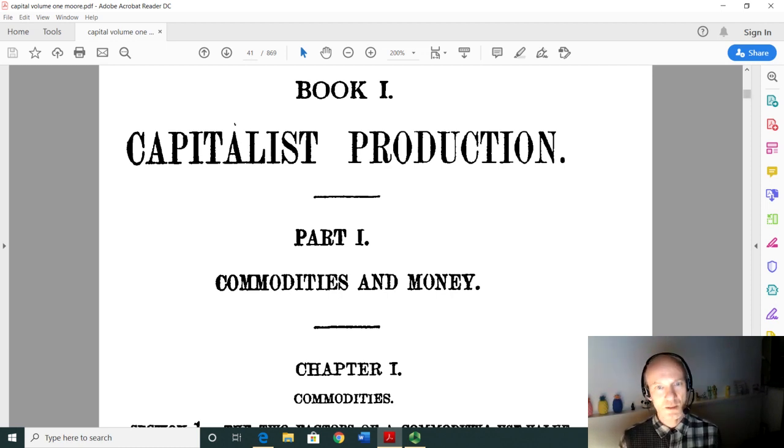So part 1 of the first book. As you know, Capital as we have it consists of 3 books. Only the first book was completed by Marx himself. The other 2 volumes were edited by Engels and then others after Marx's death.